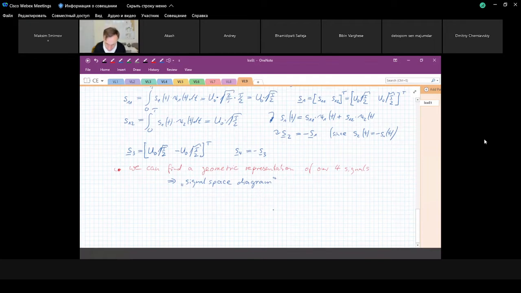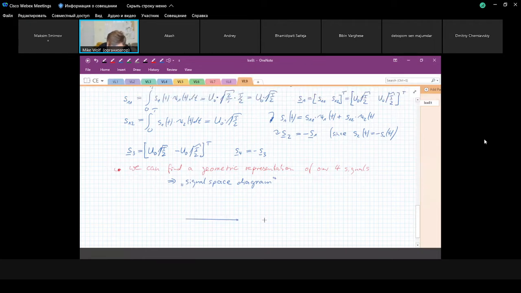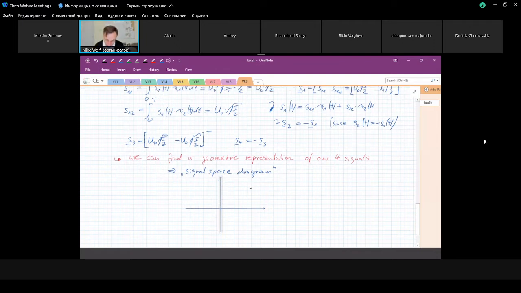And how could we draw the signal space diagram? We just draw one basis function, and we draw the second basis function. Since these basis functions are orthogonal, we represent the signal vectors in such a two-dimensional space, because we need two basis functions.